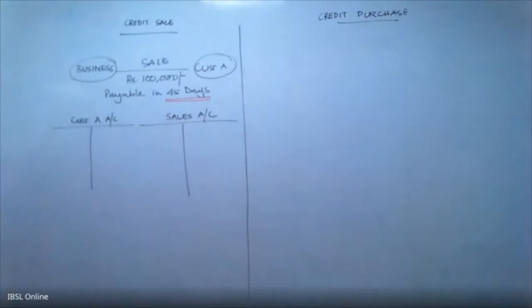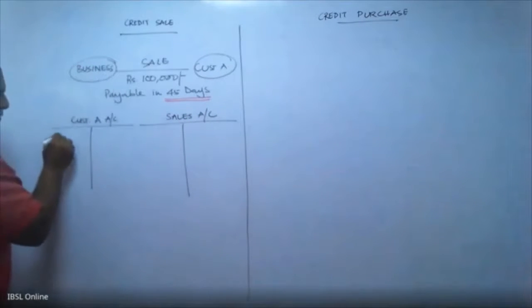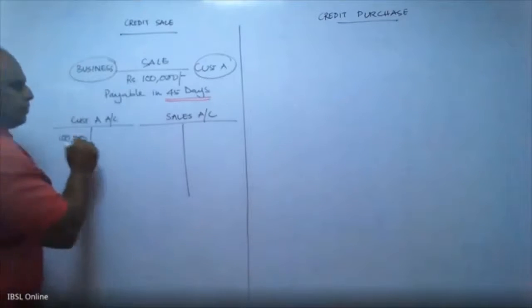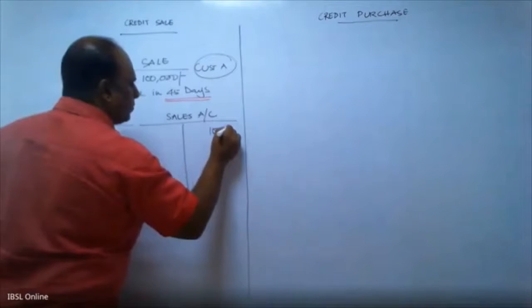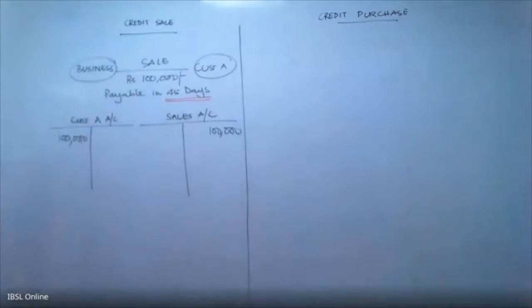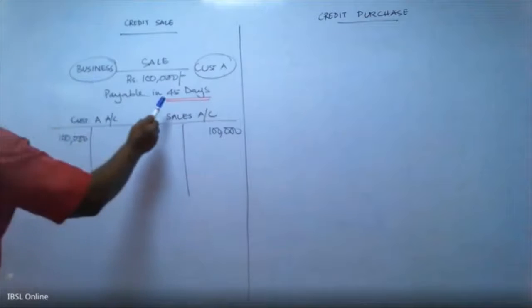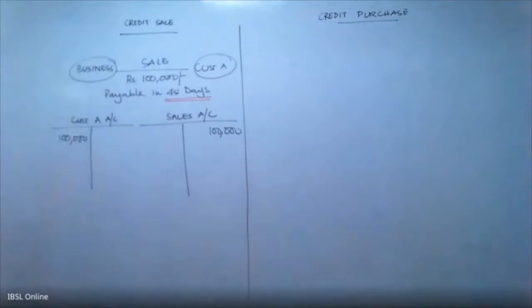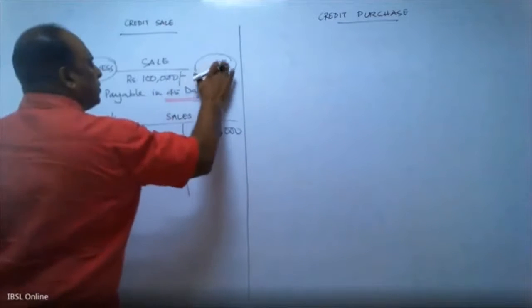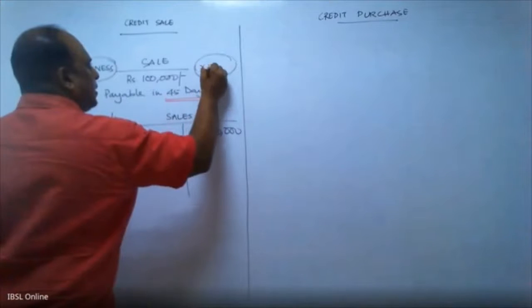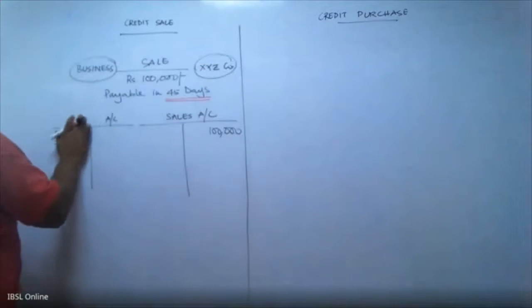So what you do, you will debit your debtor and credit sales. So today you have sold it, you have given 45 days. But at the time of doing this sale, you are giving a condition to the customer. I'll make it XYZ company, that will be easy.